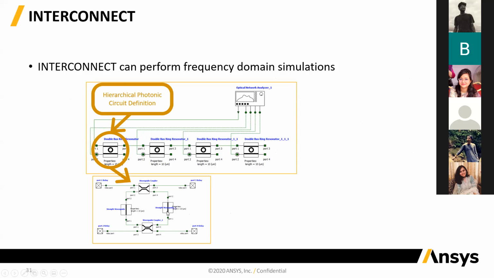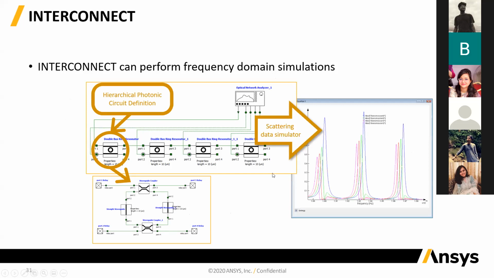With a hierarchical definition, you can define complex geometries and hook them up together to build a large circuit this way. And then with the optical network analyzer, you can apply a signal to your circuit and figure out the spectrum of this entire series of rings that are connected together.